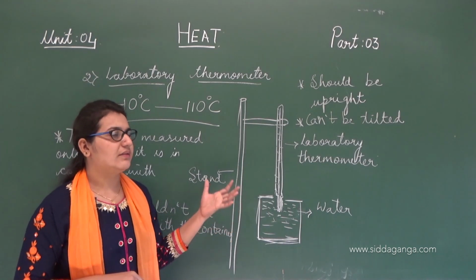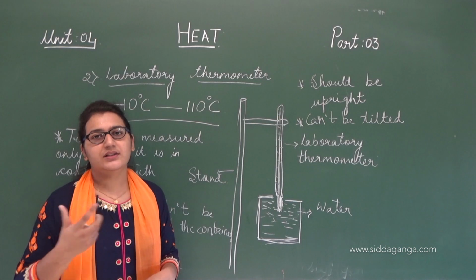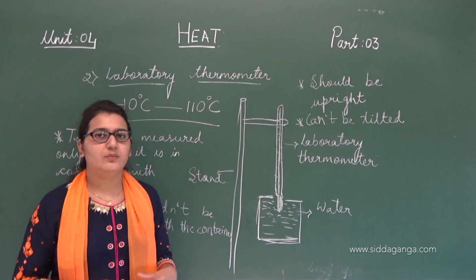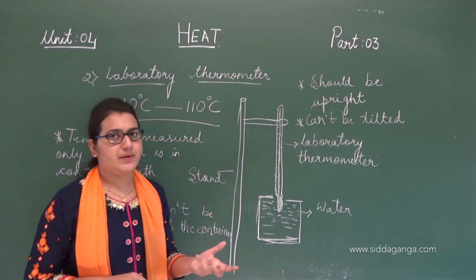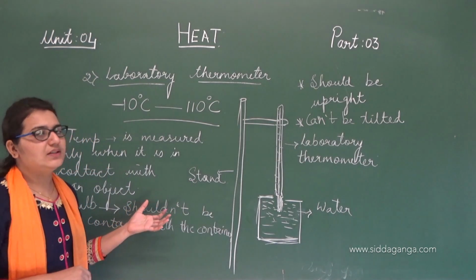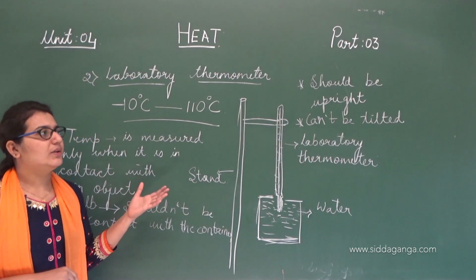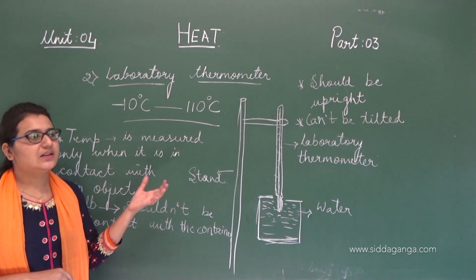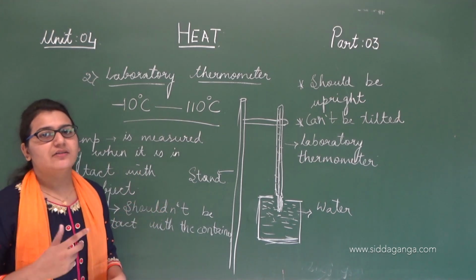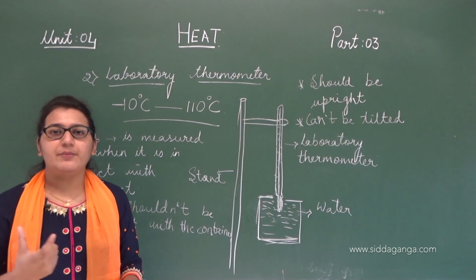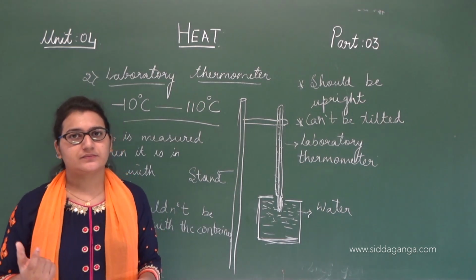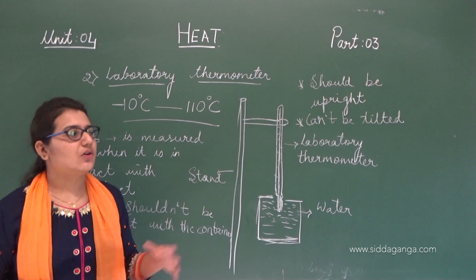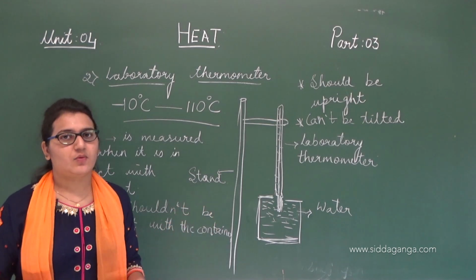The reasons we cannot use it for human body temperature are that it doesn't have the kink, it should always be held upright, and it cannot be tilted. These features make it unfit to measure the temperature of the human body. Clear? So this is all about the laboratory thermometer.